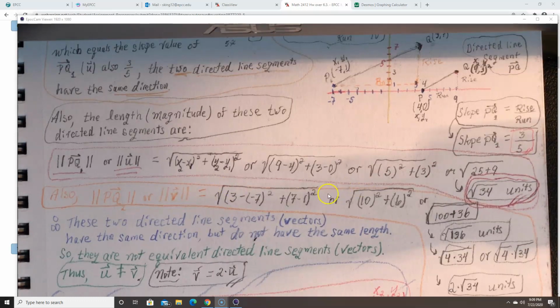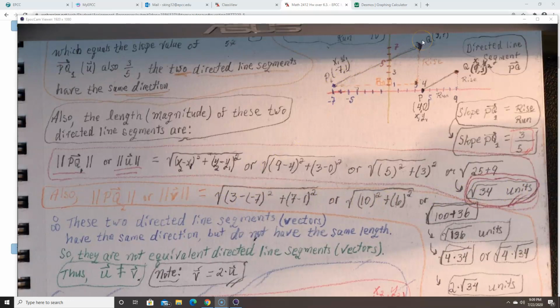Here's the square root again, using the distance formula: x sub 2 minus x sub 1, plus y sub 2 minus y sub 1. We just did it a moment ago for the first one, and we got the square root of 34 units. Now let's do it for this one.